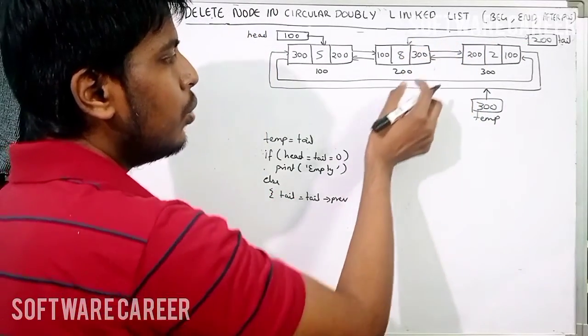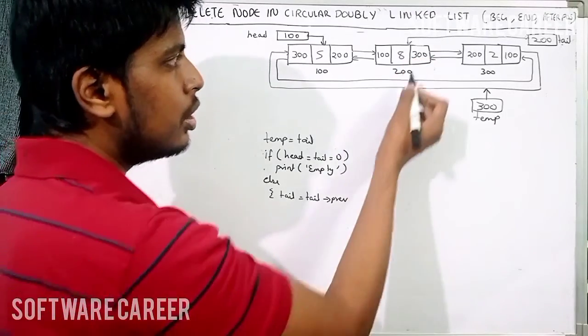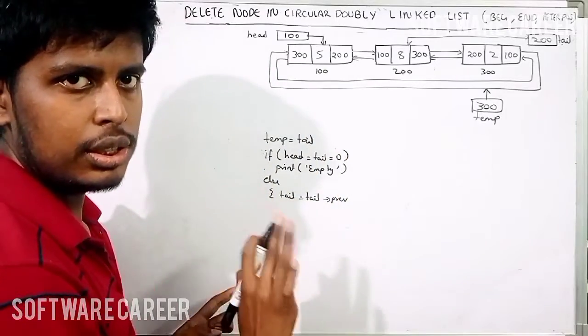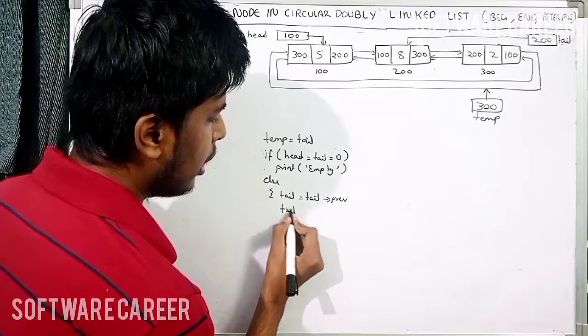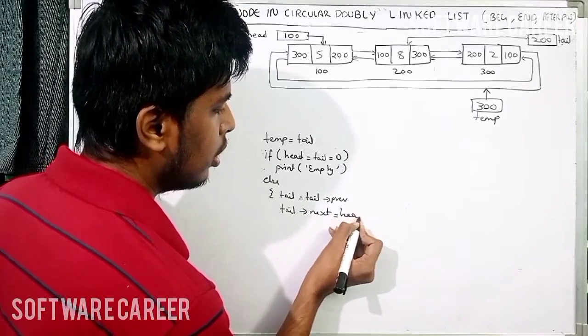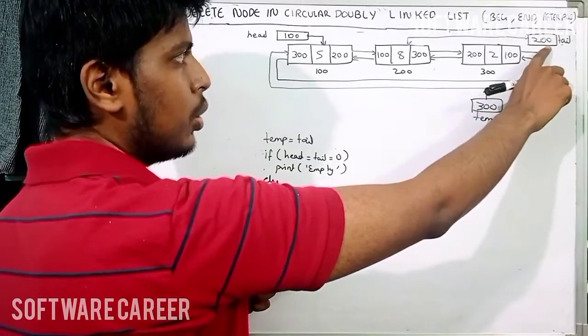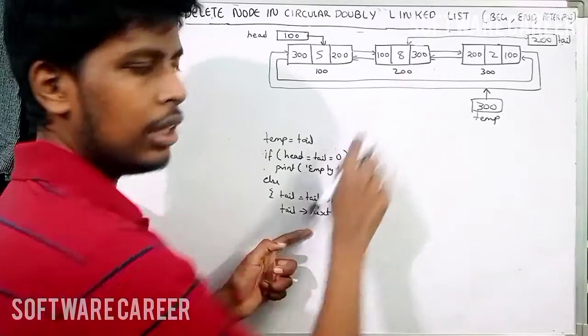Now see, I should change this pointer value. In this next pointer I should store the address of the next node, that is the first node, since this is circular. Now see, I am writing tail next equals to head. Now tail is what? Tail is this thing, 200. 200's next is 300.